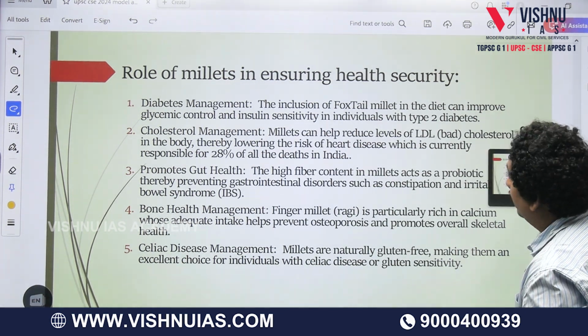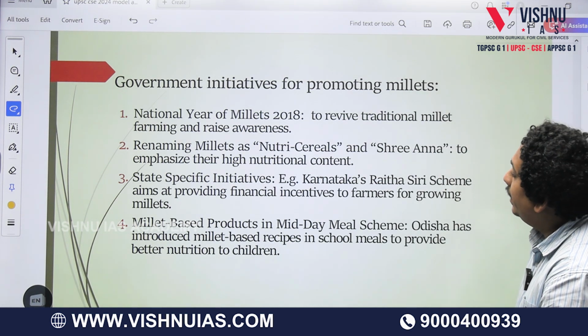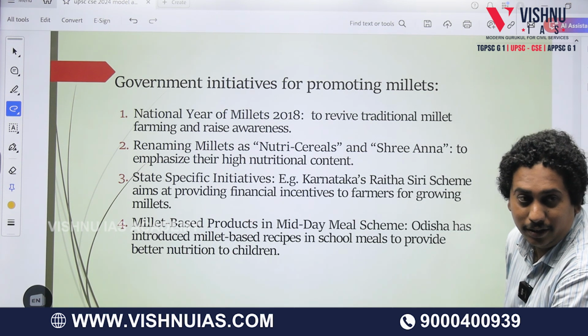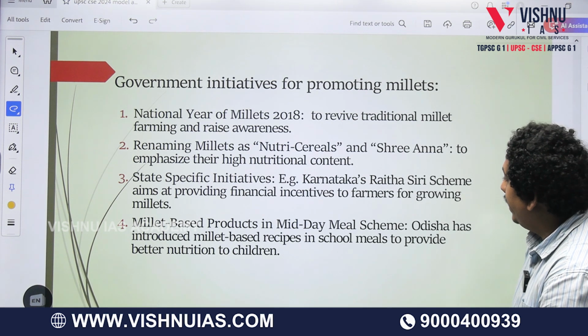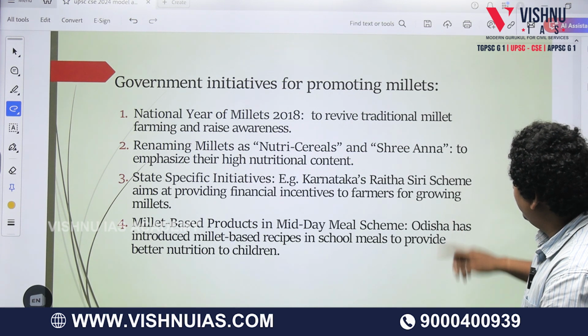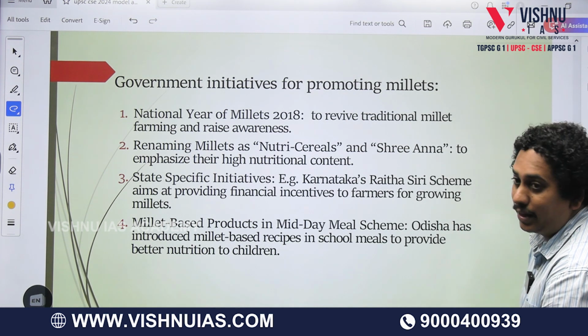Okay, government initiatives. In 2018 we declared the National Year of Millets, renaming millets as Nutri Cereals and Shri Anna. Okay, we declared millets as Nutri Cereals. State specific initiatives like the Karnataka Raita Siri scheme aims at providing financial incentives to farmers growing millets.